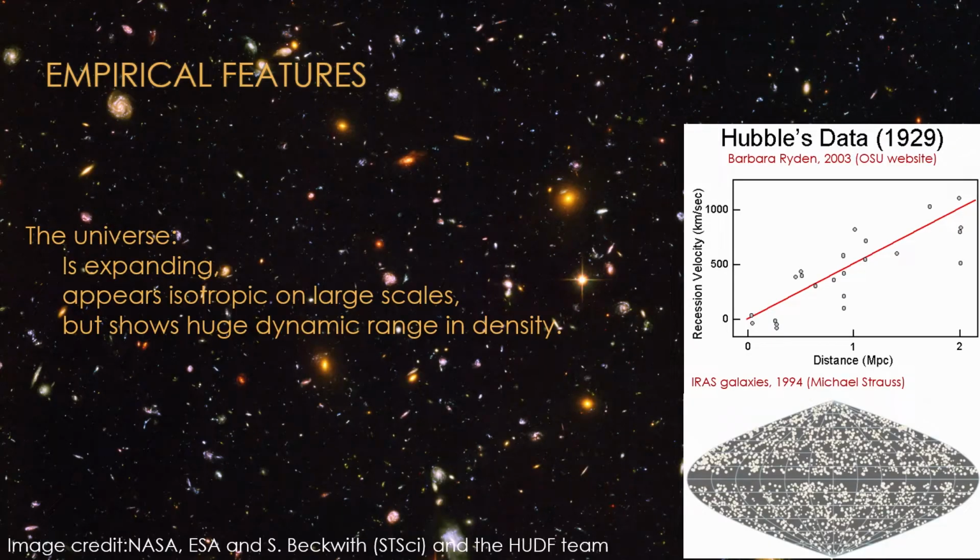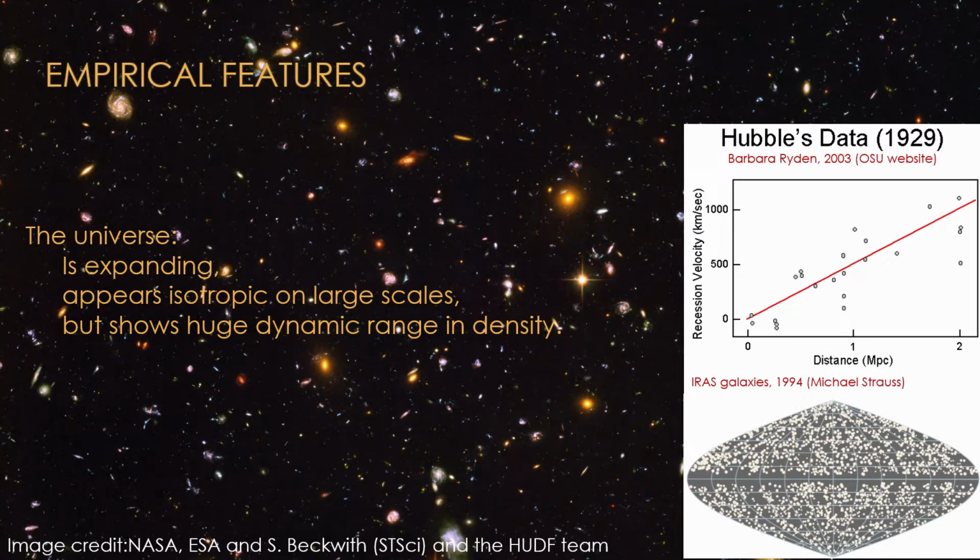All right, so luckily Phil already told you the whole standard model of the universe. I'll just give you this beginning with empirical features. So we know today from looking around at other galaxies and seeing that they're moving away from us, that the universe is expanding. We also know that it appears pretty isotropic on large scales, but it shows this huge dynamic range in density.